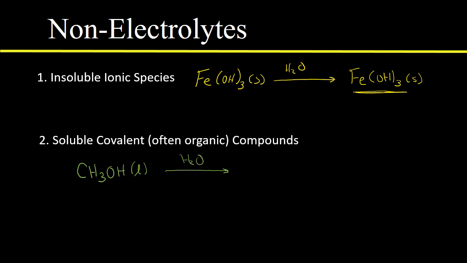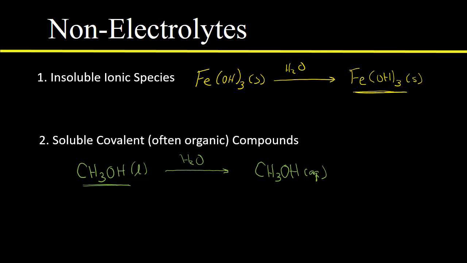Okay. Then all of the methanol molecules will dissolve. They all become surrounded by water molecules. They get that sort of sheath of water molecules around them, right? But they don't break up into ions because the molecule itself is not an ionic compound.